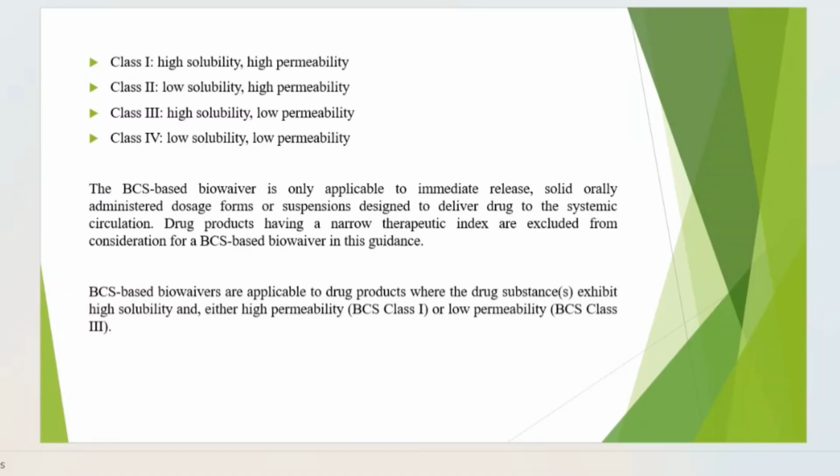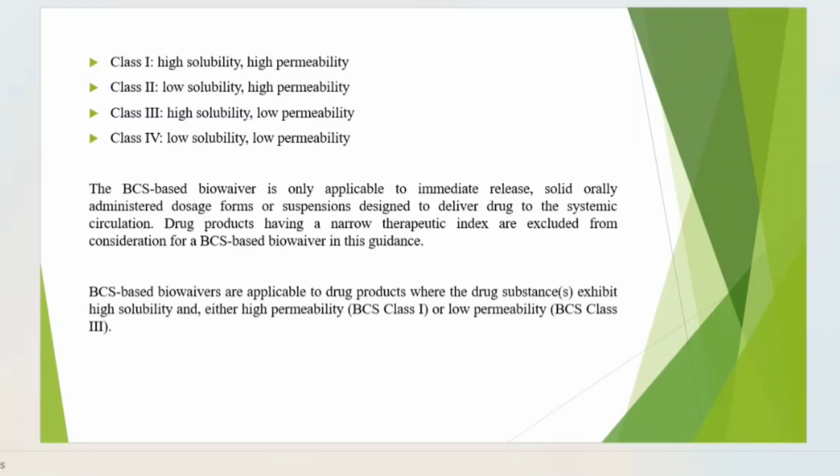That is the use of BCS classification. So the APIs which are falling under class 1 and class 3, the biowaiver approach can be applied to those. Okay. So for those APIs, bioequivalence study is not required to be performed.